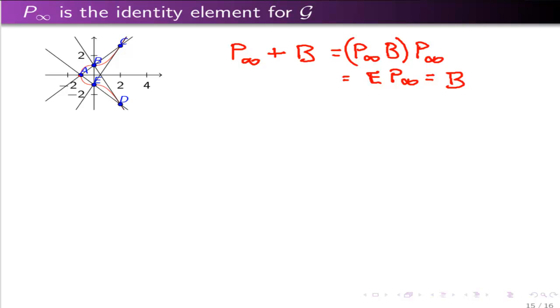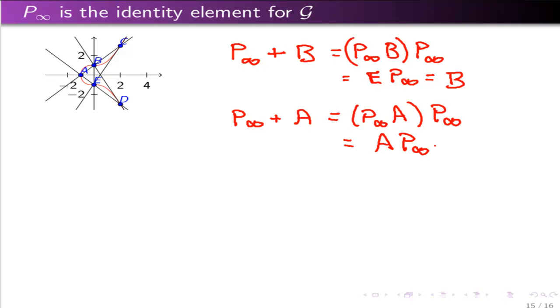Now it's a little different if we're at a point like A. If I add P infinity plus A, reflect A through the x-axis. Well, that's just A. And so again, we're reflecting A twice through the x-axis, and it never moves. It just stays at A.